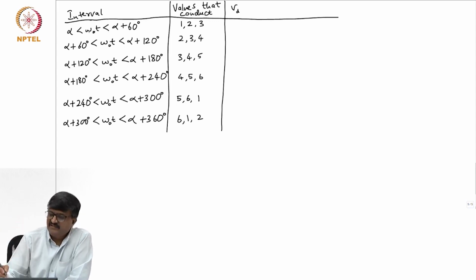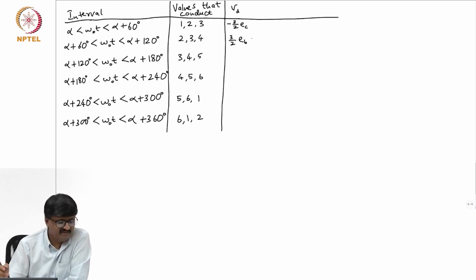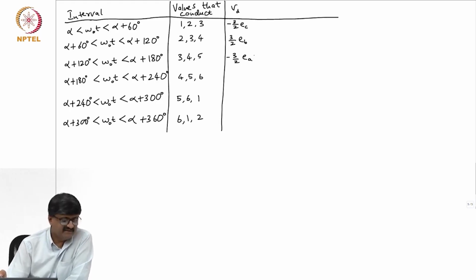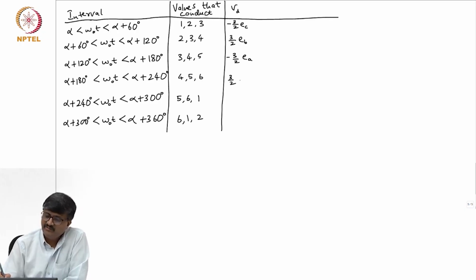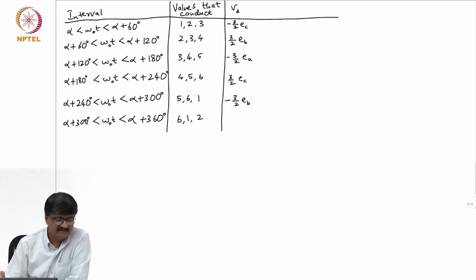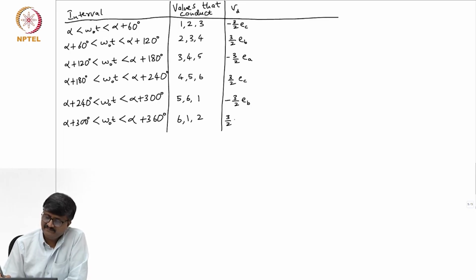So this is something which we already know, so we can straight away write this. So this is minus 3 by 2 Ec. This is 3 by 2 Eb minus 3 by 2 Ea, 3 by 2 Ec minus 3 by 2 Eb, 3 by 2 E.